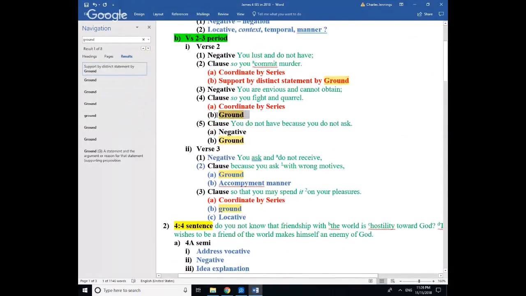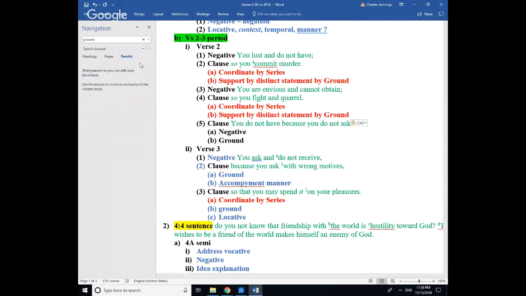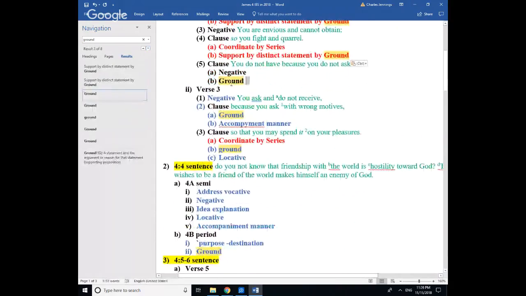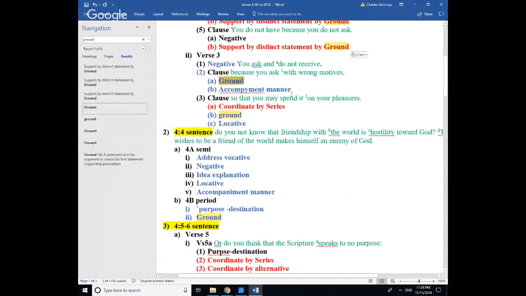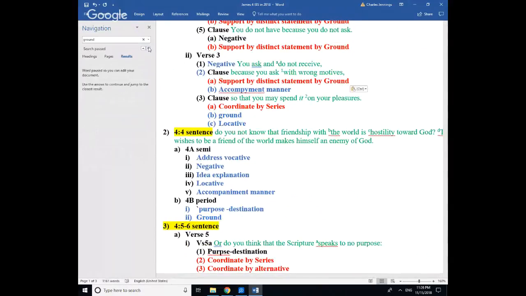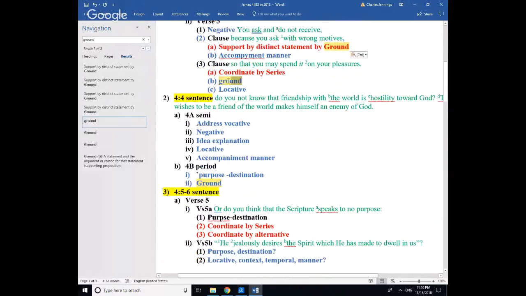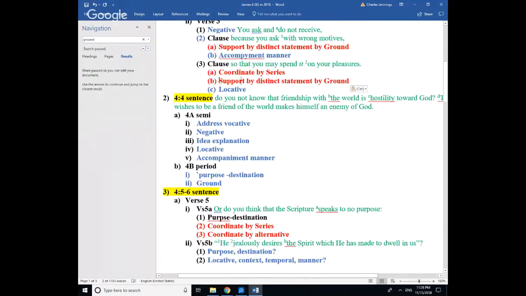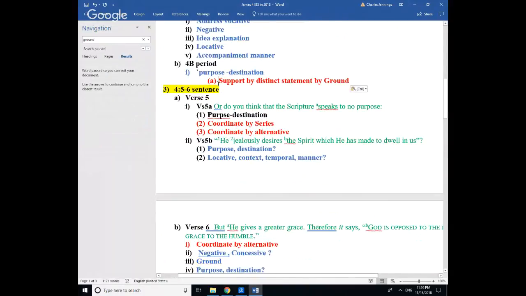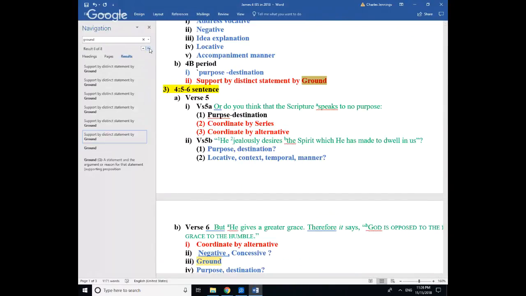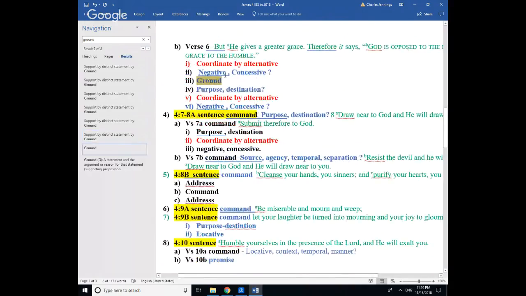Here's another ground. Here's another ground. Here's another ground.